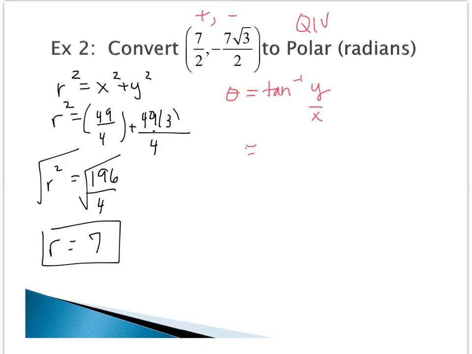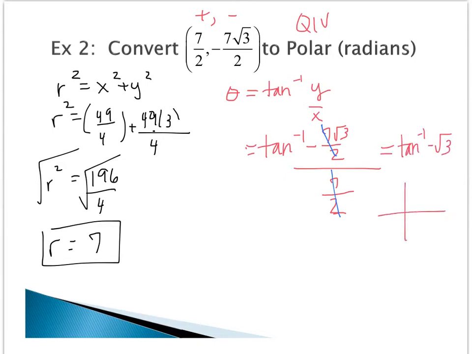When I look at the ratio of these fractions, I have 7 root 3 over 2 divided by 7 over 2. The 7 over 2 and the 7 over 2 essentially cancel, and the only thing I am left with is the negative root 3. So I am now doing the tan inverse of negative root 3.